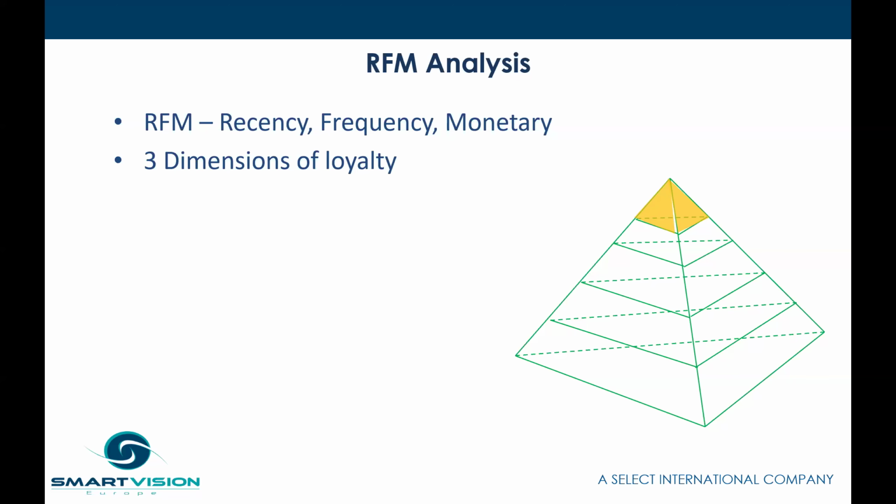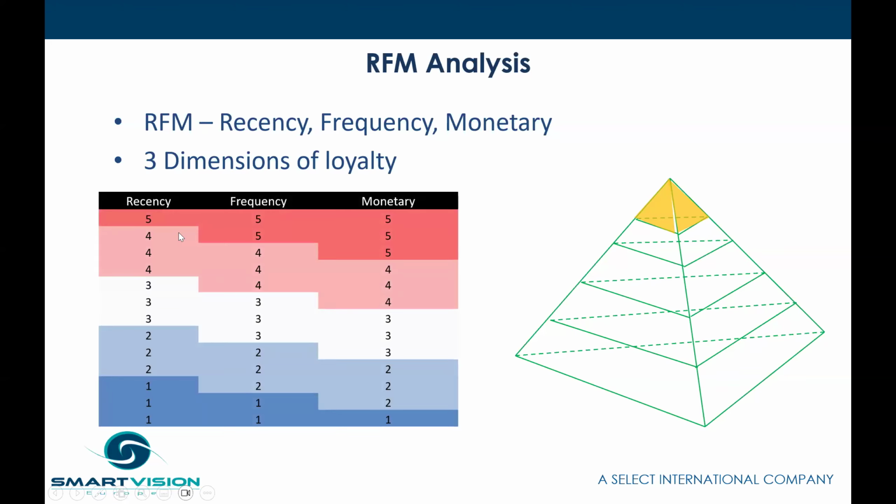In other words, they spent the most amount of money over their time, or over the past 3 years or whatever, however you're measuring that in terms of profitability. And there will be a minority of people who have top marks in all 3 of those dimensions. The idea being that they are your absolute best customers. And then you can segment them down into this next tier and the next tier and the next tier.